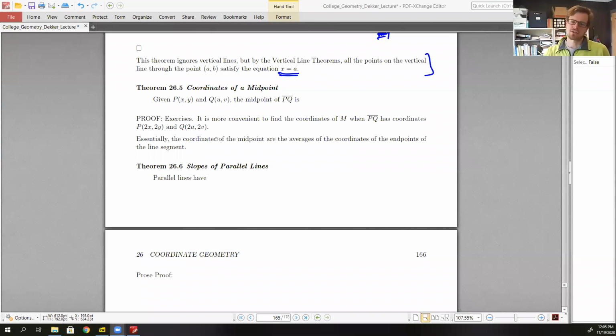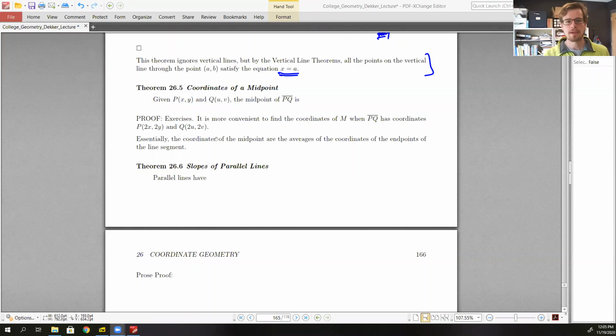Okay, so let's continue taking a look at coordinate geometry. And we have just kind of a random theorem followed by a couple of theorems on slopes. So first, the coordinates of a midpoint.